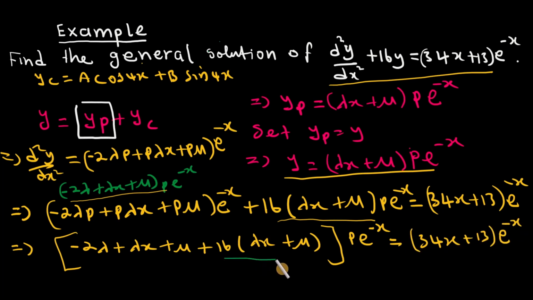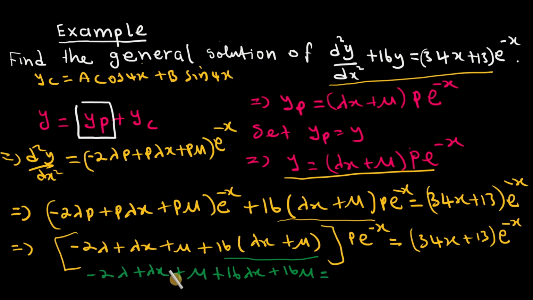You see, I can still expand this and simplify. So if I expand this, I'll have 16 lambda x plus 16 mu. Now if I bring this one down, I have minus 2 lambda plus lambda x plus mu plus this. If I arrange this, I'll have lambda x plus 16 lambda x is 17 lambda x.